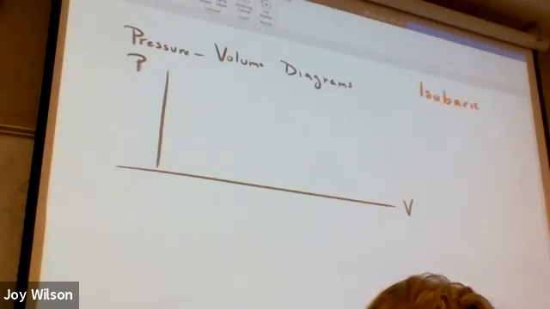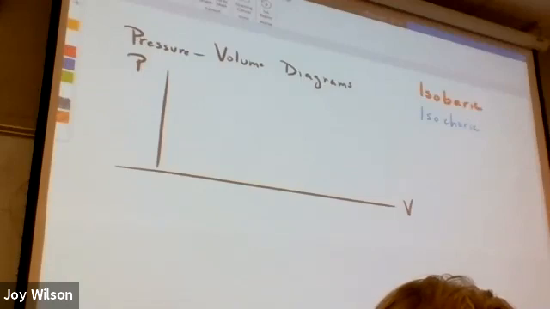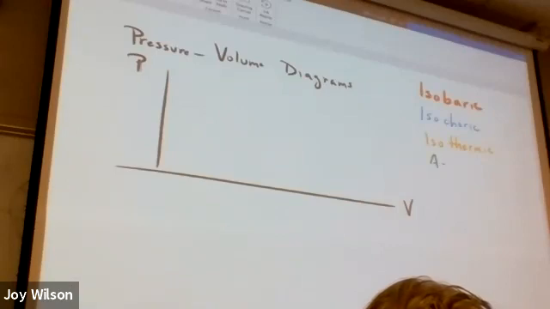Our processes are isobaric, isochoric, isothermic, and adiabatic.